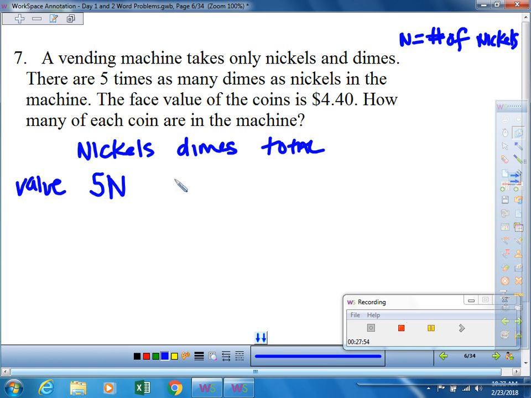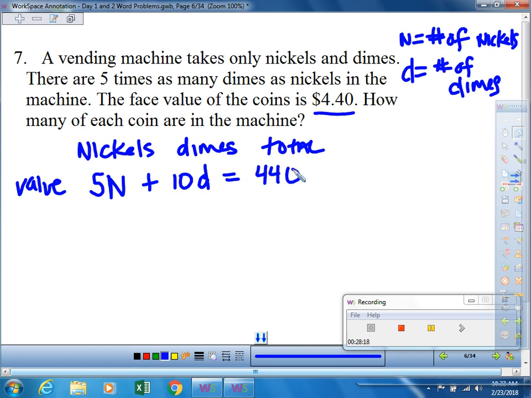And then, what's the value of my dime? 10 cents times the number of dimes. So, D is number of dimes. When I add up my value of my nickels and my value of my dimes, it equals how much? 440.